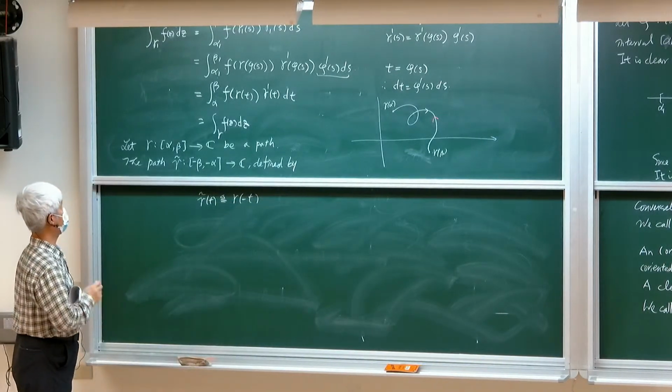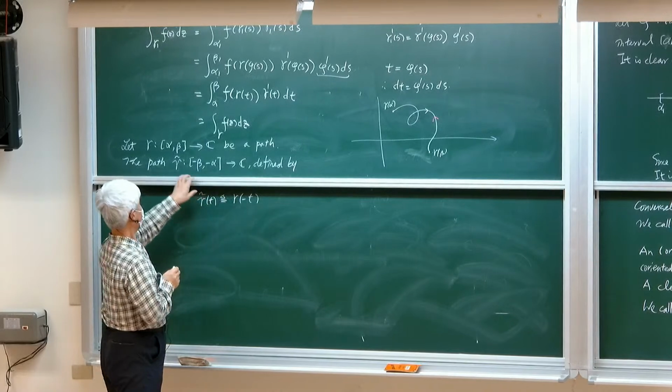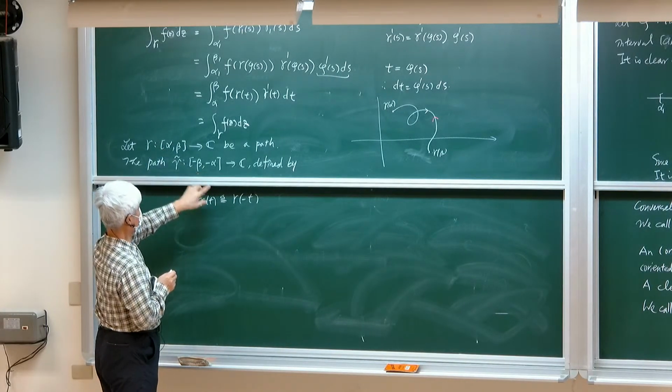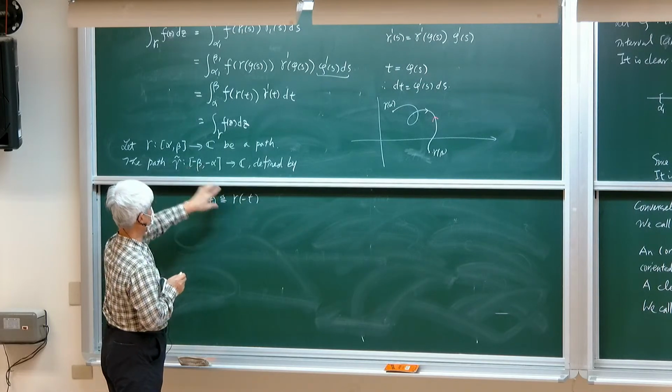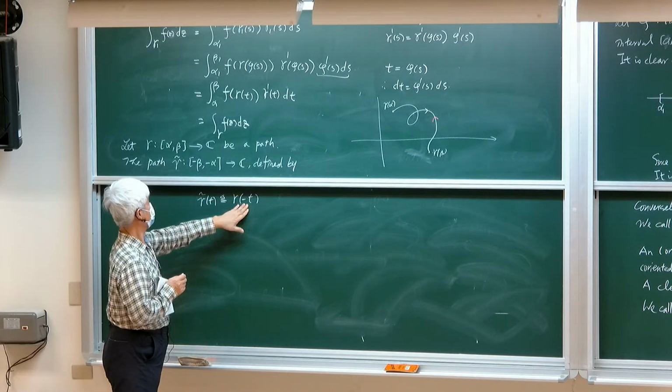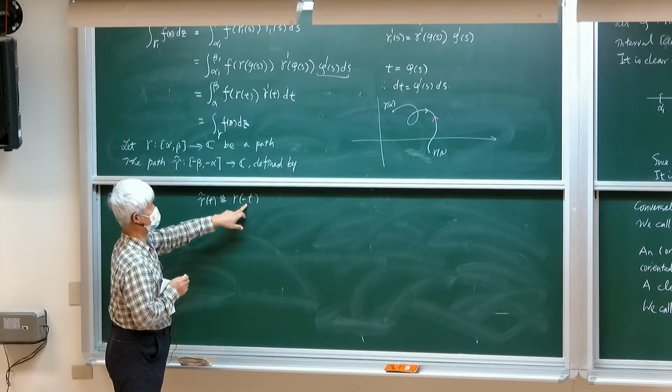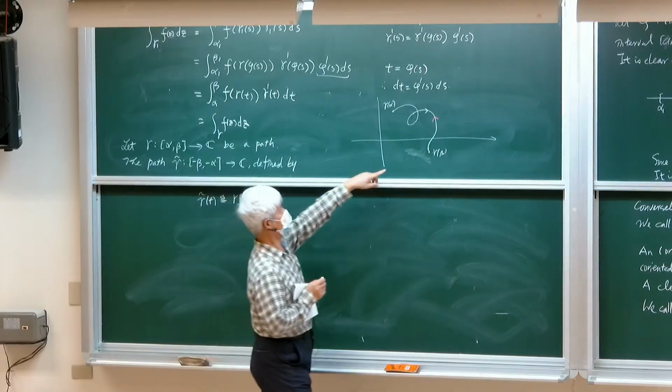With minus t, when t is minus beta, this is gamma beta, and when it moves to minus alpha, this moves to gamma alpha. So the orientation will become this one.